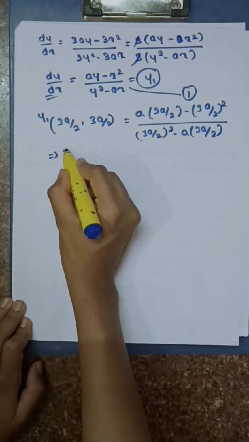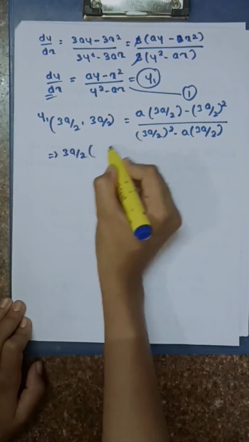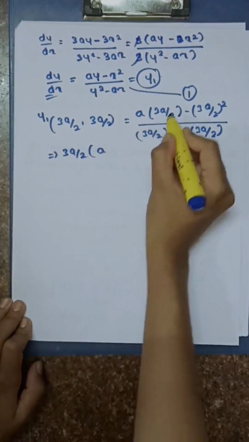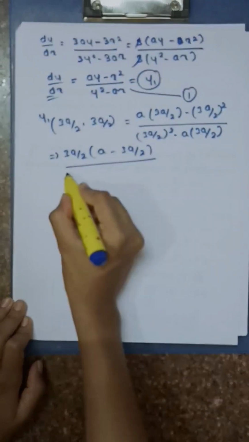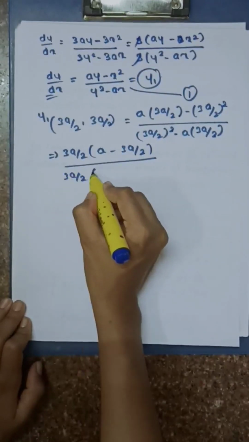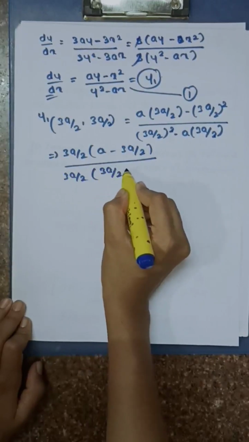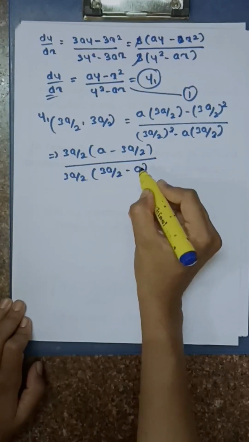Taking 3a by 2 common, a will remain minus 3a by 2 in the numerator, and once again taking 3a by 2 as a common term, 3a by 2 minus a will remain.